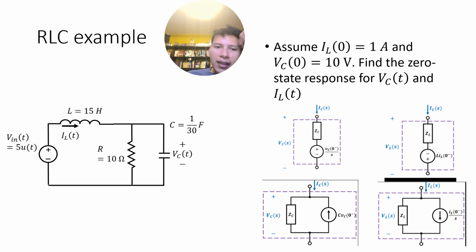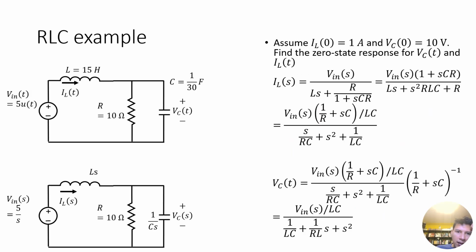Basically, you can just use these circuits, and we derived this one in the previous slide, L dIL/dt. Let's see what I did. Oh, I only asked for the zero state response, because actually finding the zero input response is quite hard.